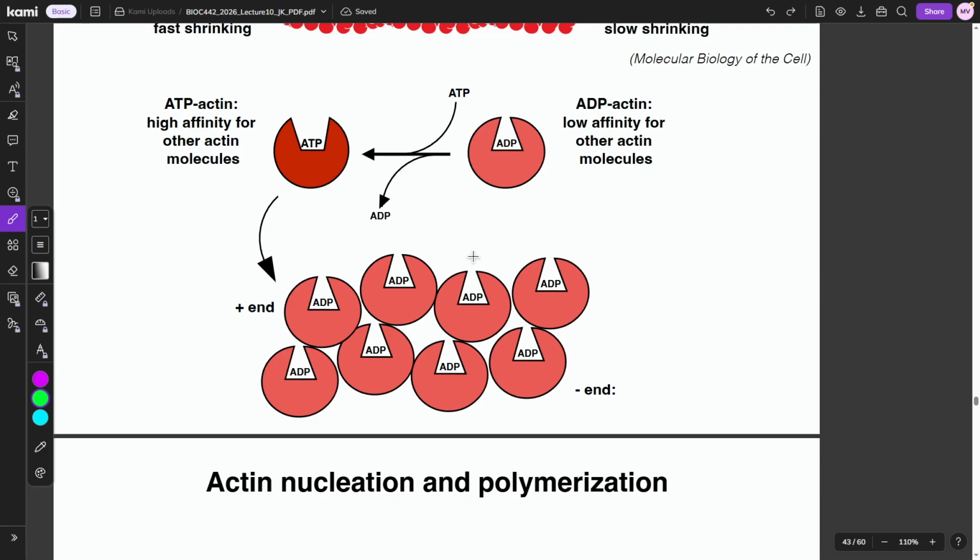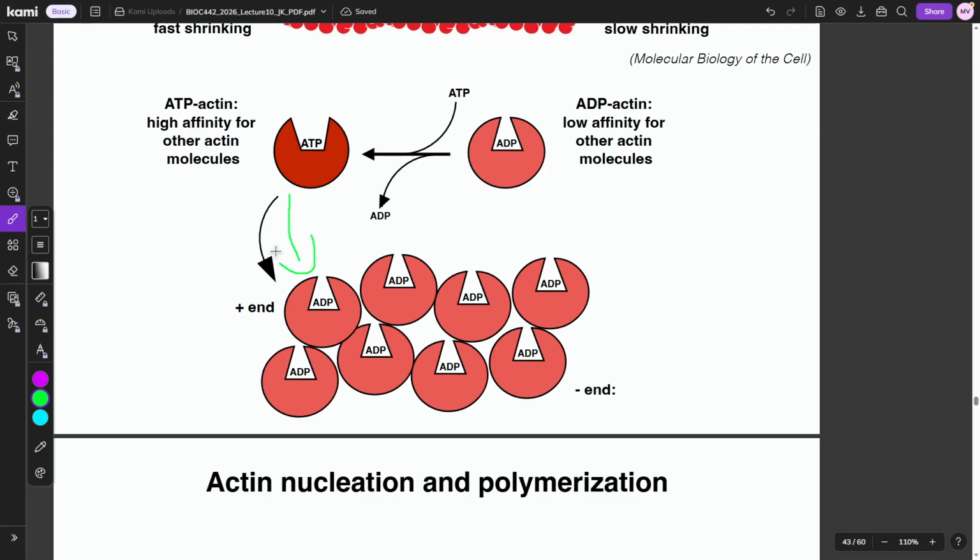Basically, the idea here is that in this ATP form, it's going to bind to this other actin because it has a very high affinity for it.